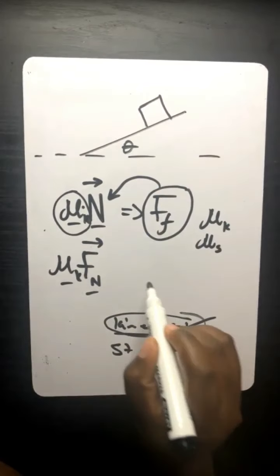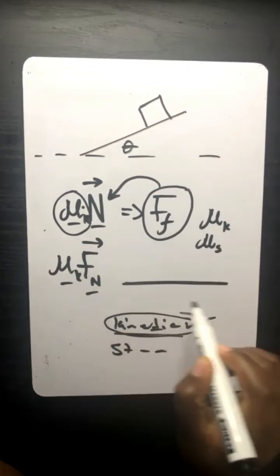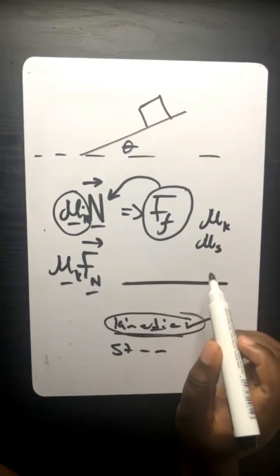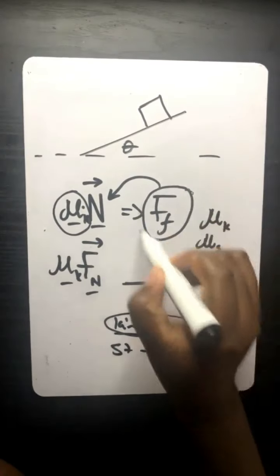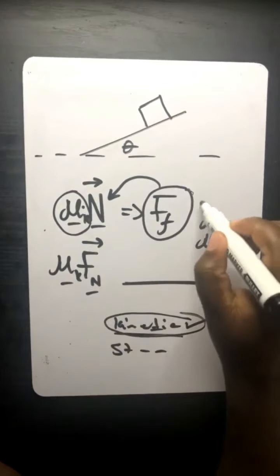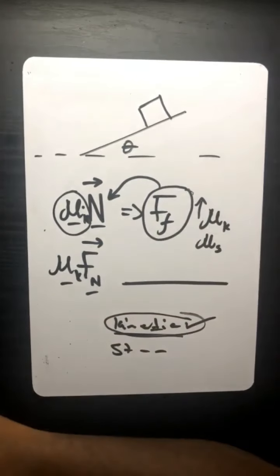So it depends on the material. If the material is rough, that's where you are going to have friction. Depending on how rough the material is, it's going to have a direct influence on the amount of frictional force.